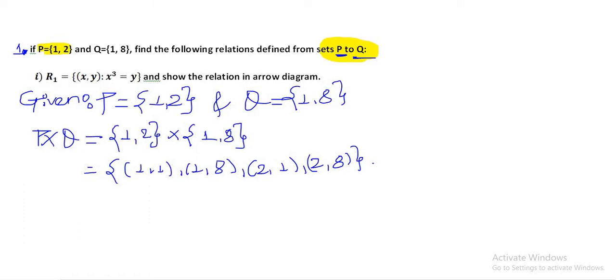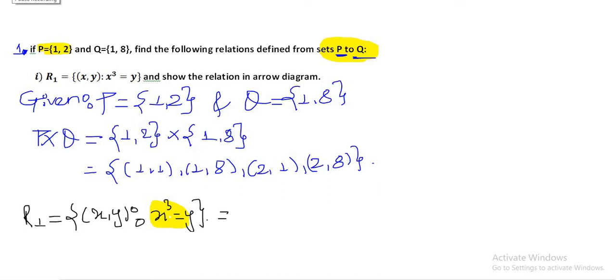Now the question says R1 is equal to {(x, y) such that x cube equals y}. Now, dear students, we have to choose the elements of relation R1 which satisfy the condition x cube equals y. I'm going to do some drawing on the right hand side of this page.